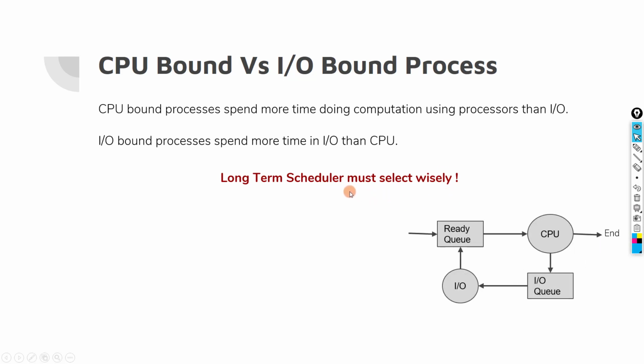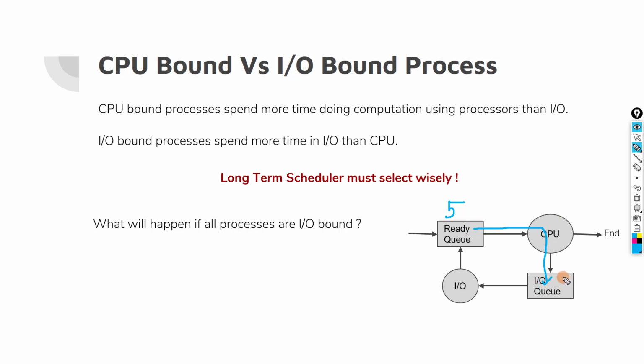Why must the long-term scheduler select wisely? What will happen if all the processes are IO bound? What will happen? So if all the processes are IO bound, say for example there are 5 processes in the ready queue and all the processes are IO bound. The processes will come to the CPU, and from the CPU they will go to the IO queue.